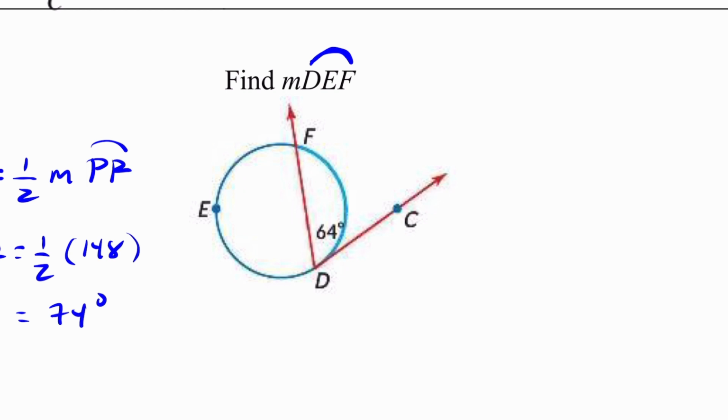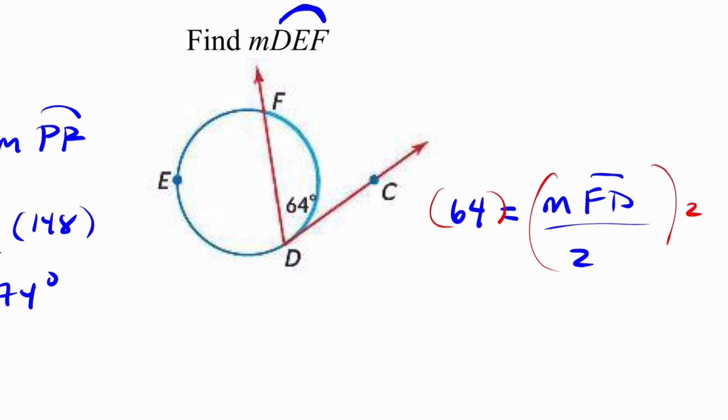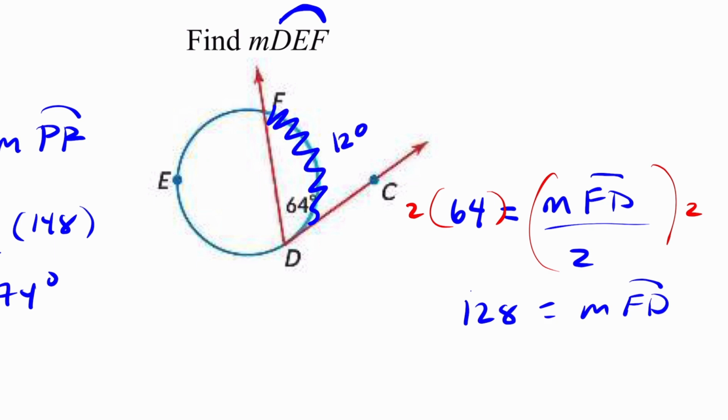So let's first figure out how long this arc is. I have 64 equals the measure of arc FD over 2. Got to multiply both sides by 2, so 128 equals the measure of arc FD. So this here is 128.